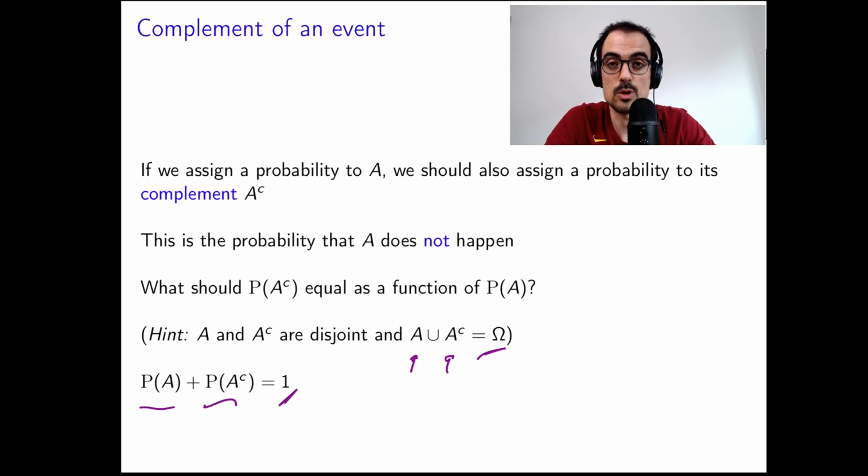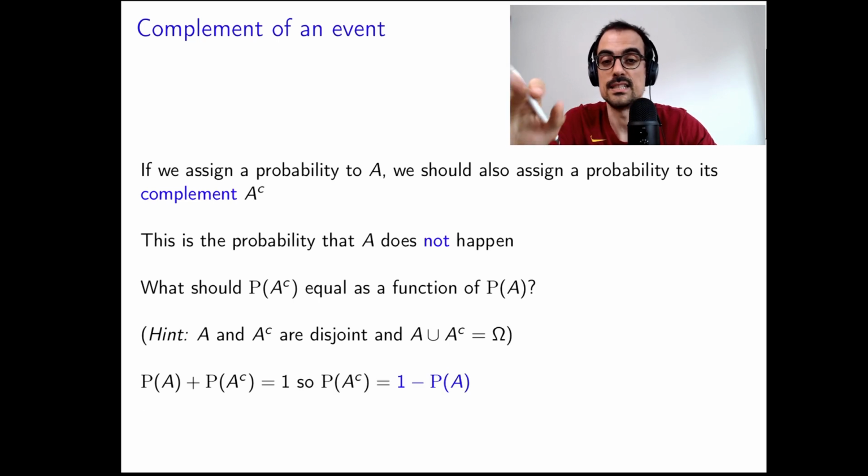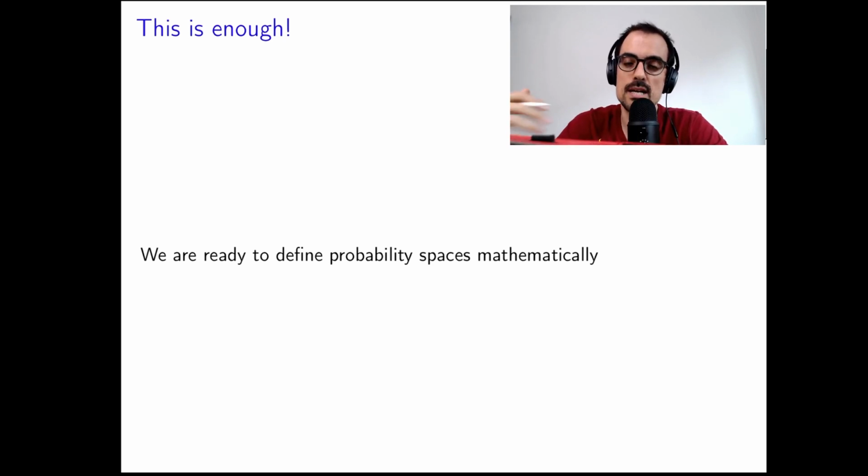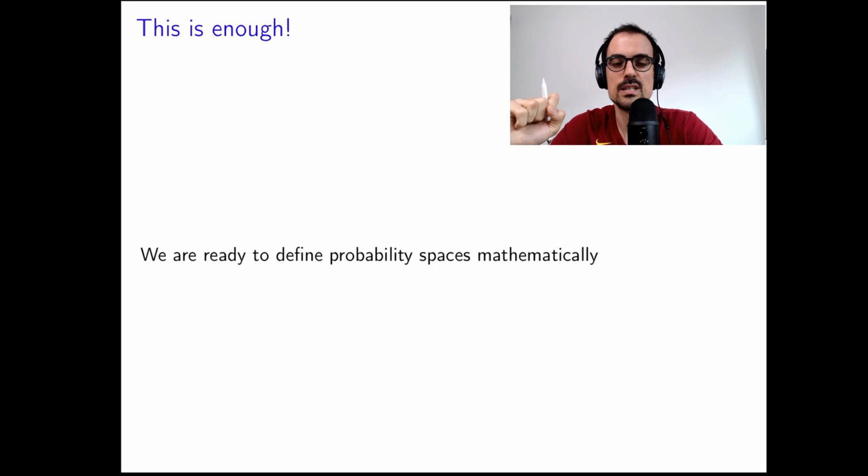This implies that the probability of the complement is 1 minus the probability of A. Again, this just follows automatically from our intuitive definition. Okay, so actually this is enough. We have reasoned a little bit and come up with some events that we should take into account, and we have derived what probabilities we should assign to them. And now we're ready to define probability spaces mathematically.